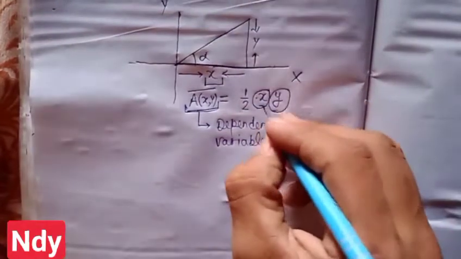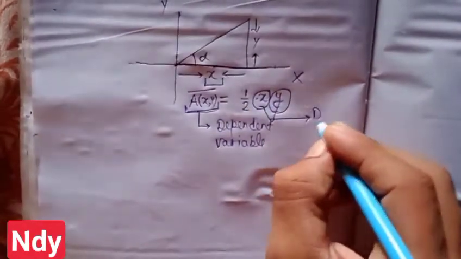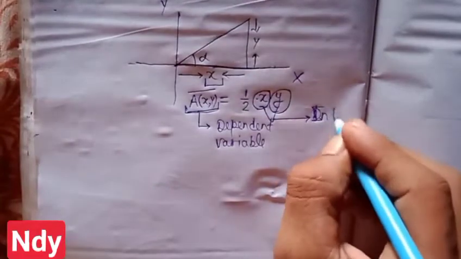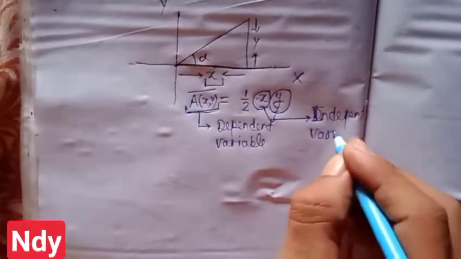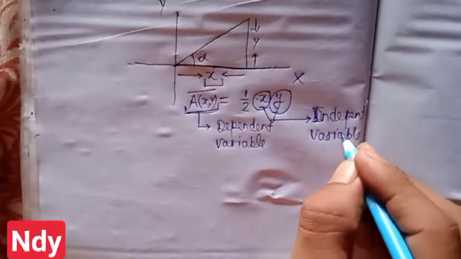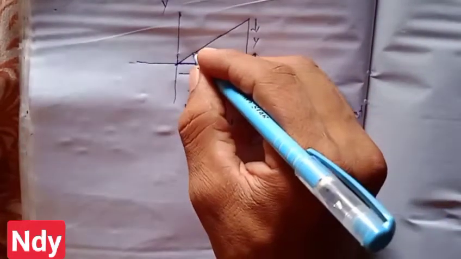Whereas these x and y are called independent variables. And this angle, look at this angle.